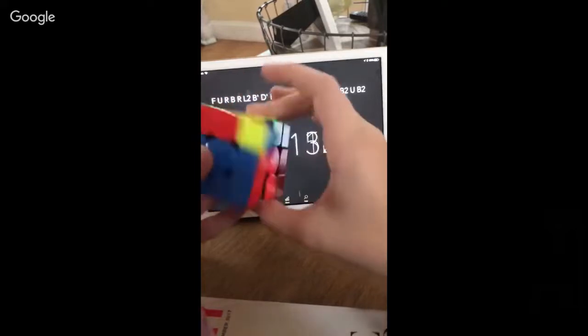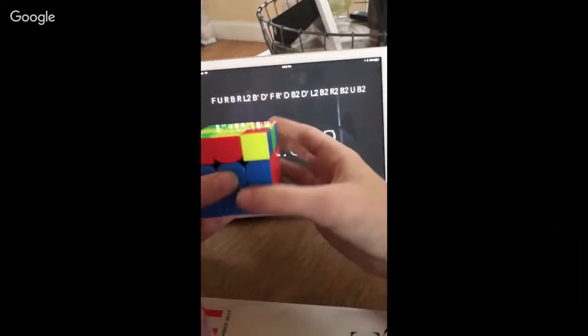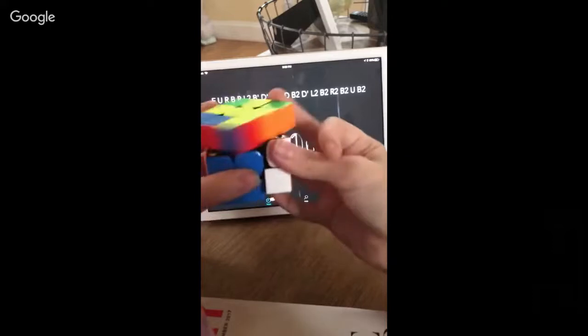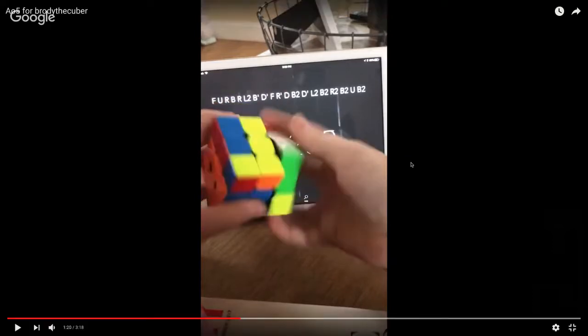So then you do two-look OLL. Yeah. When should I start learning one-look OLL? Do you know full PLL? I know everything except for 3 of the G perms. Okay, so I'd say you should learn full PLL first, and then you can start learning the easy OLL cases.